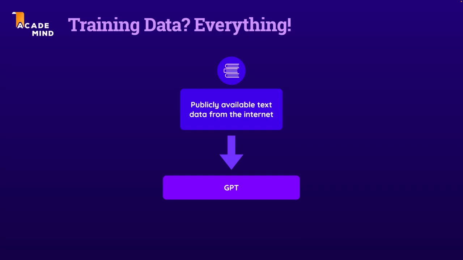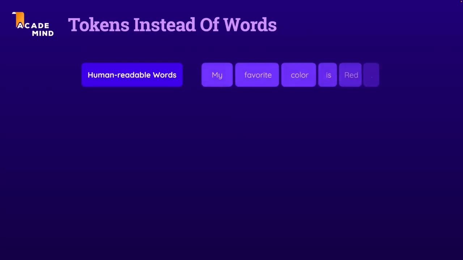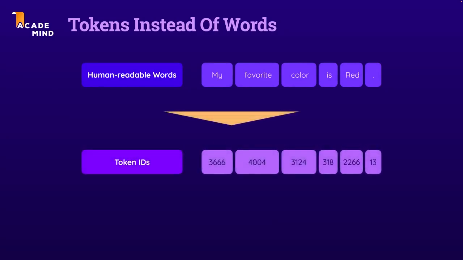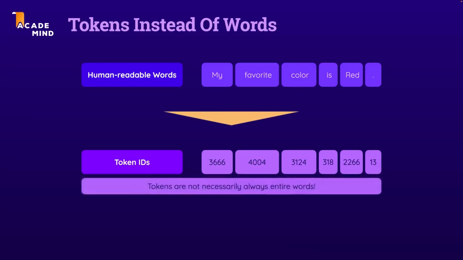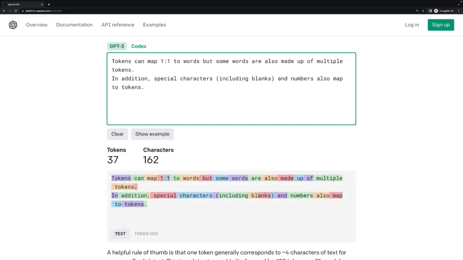So a lot of training data was used, but it's worth knowing that for training those models, it was actually not the human readable words that were being used for training, but instead those words were translated to so-called tokens, where every token has its own unique ID. Now, these tokens aren't necessarily always entire words. Instead, you can roughly say that 75 words can be broken up into roundabout 100 tokens.